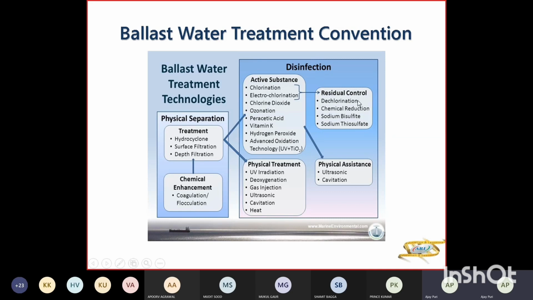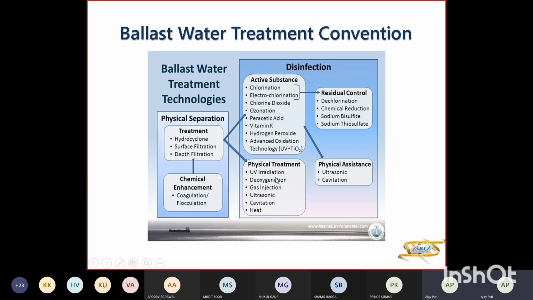So there you have residual control by chlorination, chemical reduction, sodium bisulfite and sodium thiosulfate. Then you put chlorine dioxide there, peracetic acid or vitamin K or H2O2, they can kill the germs, or you have advanced oxidation, or you use ultraviolet plus titanium oxide. Physical can be ultrasound or cavitation.